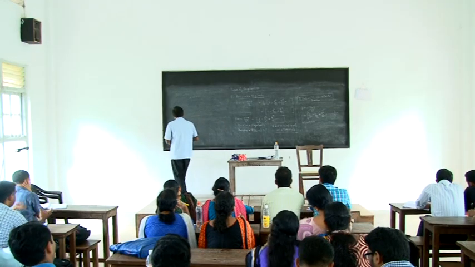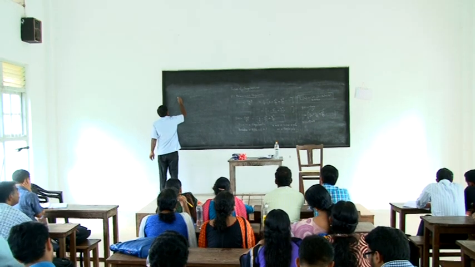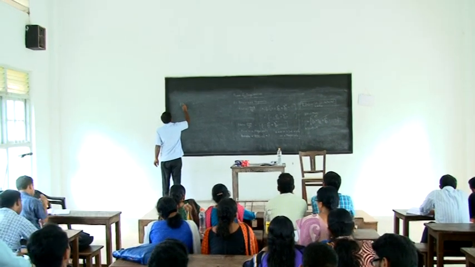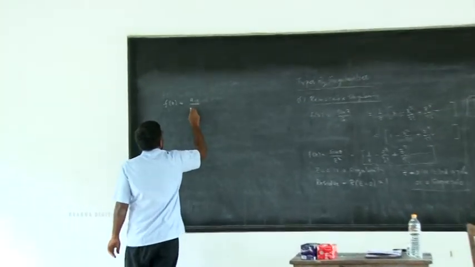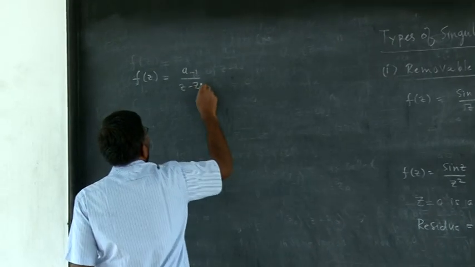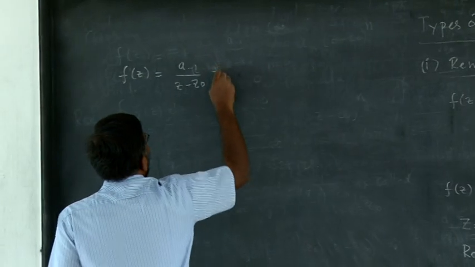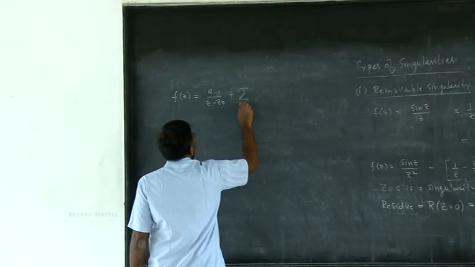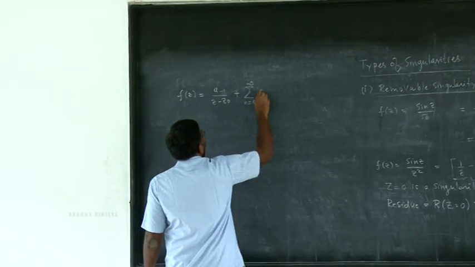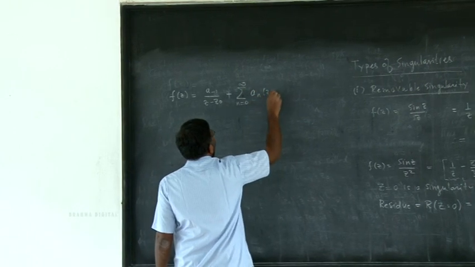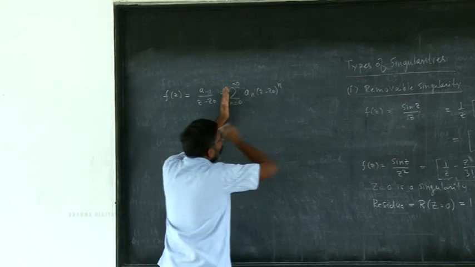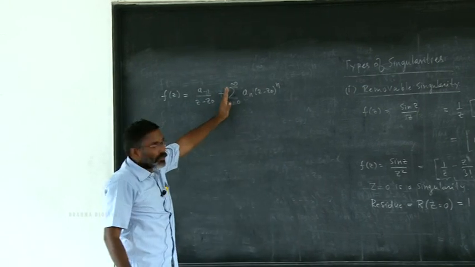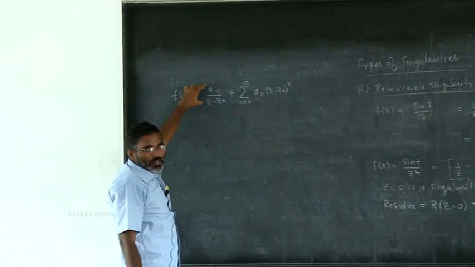Suppose I have a function f of z which is equal to a minus 1 divided by (z minus z naught) plus the sum over n equal to 0 to infinity of a_n (z minus z naught) to the power n. This is the regular part of the Taylor series expansion, and the only singular term that I have is the first one.